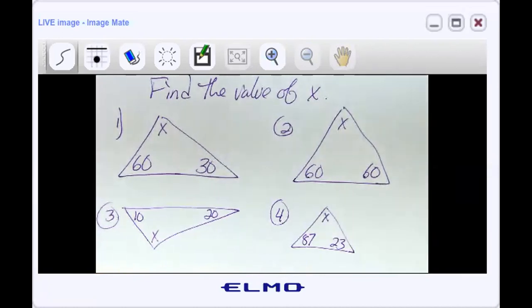Okay, take a minute and just find me the value of X in each of these. I may call on you at random, so be ready.